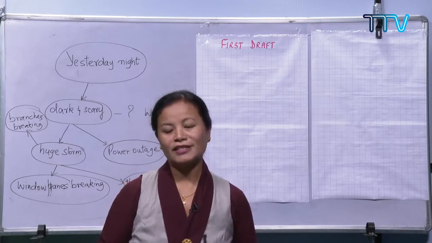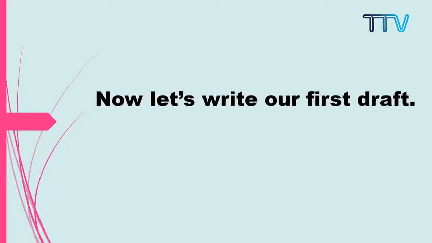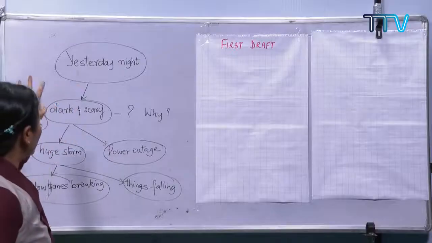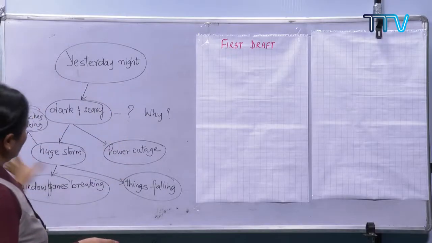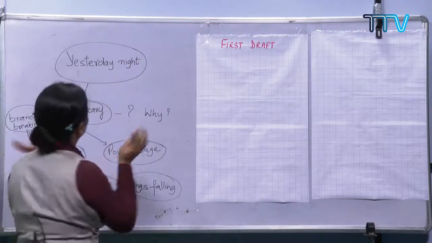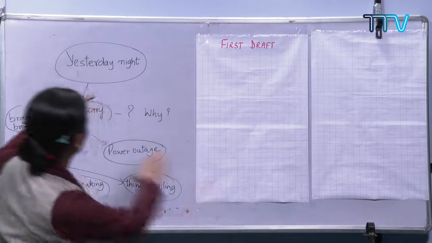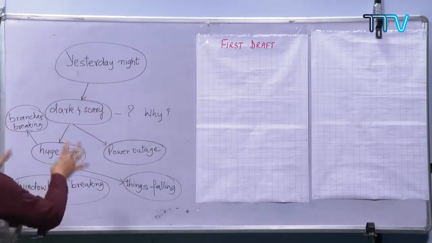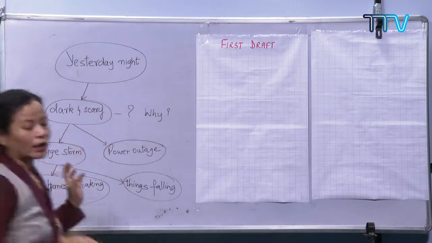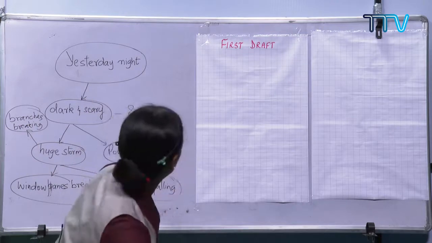now let's write our first draft. Now that we have, as Gideon Saragella had discussed, a graphic organizer, we have a kind of this where you can see. Based on this, whenever you write, please keep that with you.